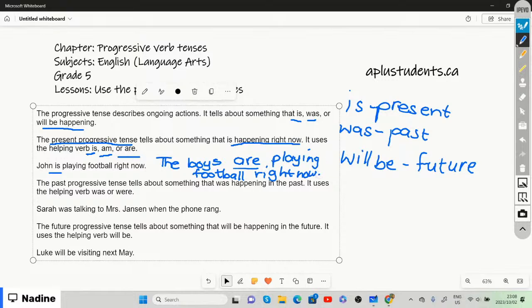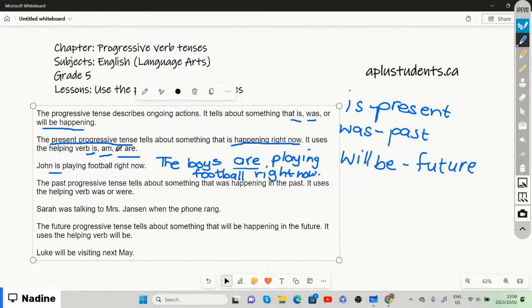That was just an example to show that we use is to refer to one person, and we use are to refer to more than one person, right? So we can then say the boys are playing football right now.